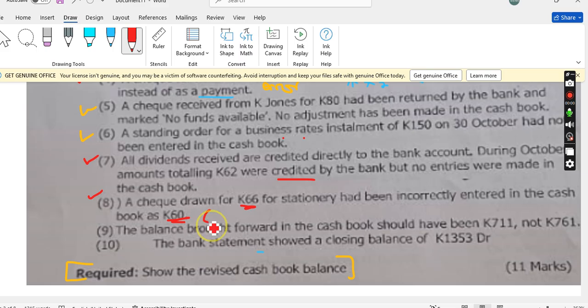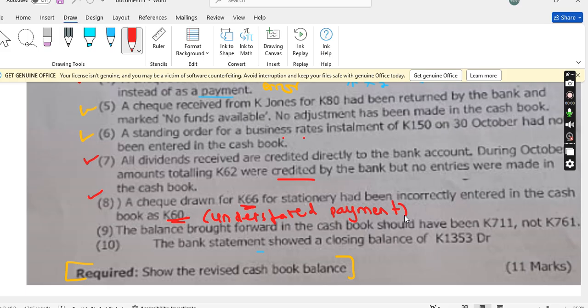So here we have an understated payment. These errors, you always see them in this type of question.